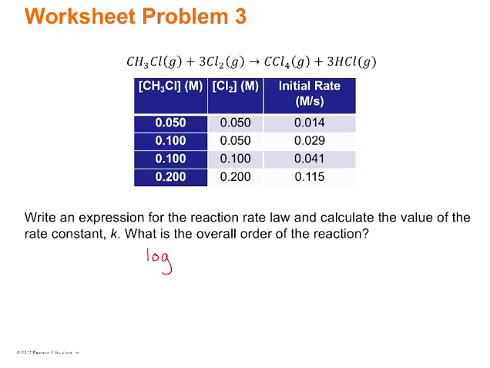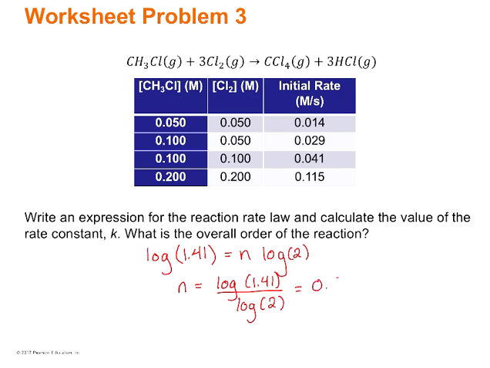So we have the log of 1.41, which is equal to n times the log of 2. So to solve for n, we have log of 1.41 over log of 2. And that will give us a value of 0.5.